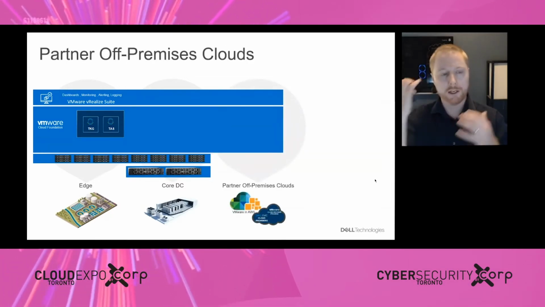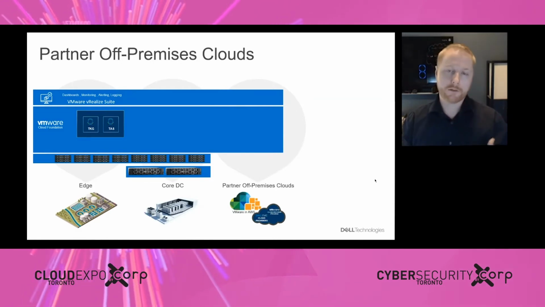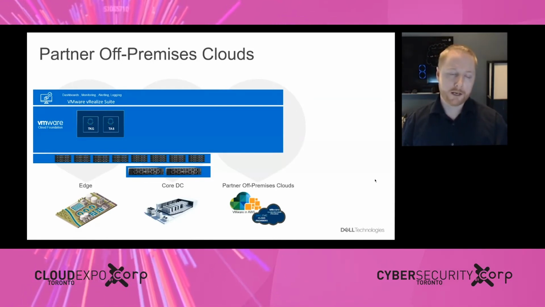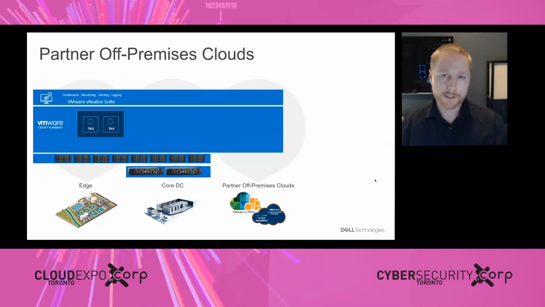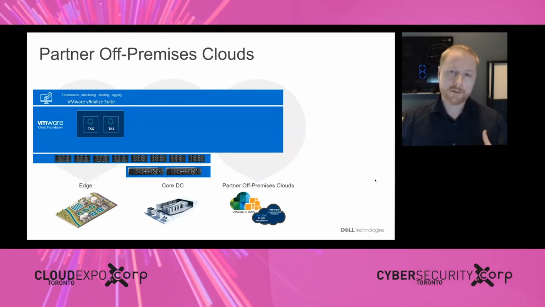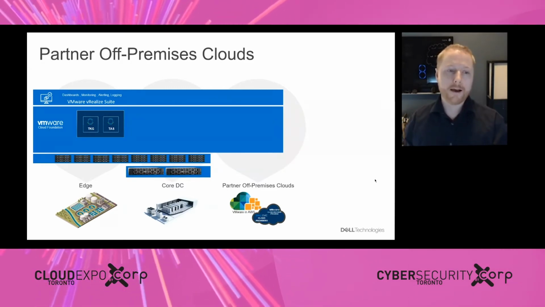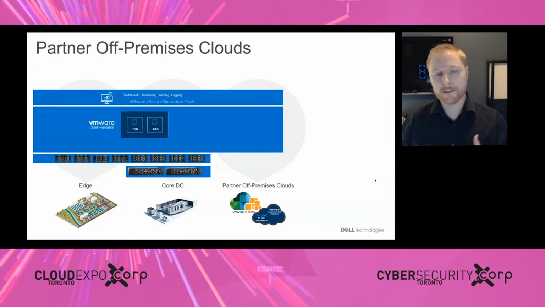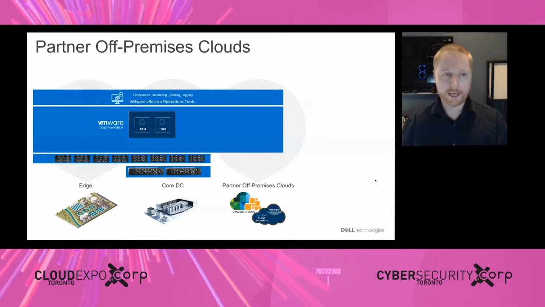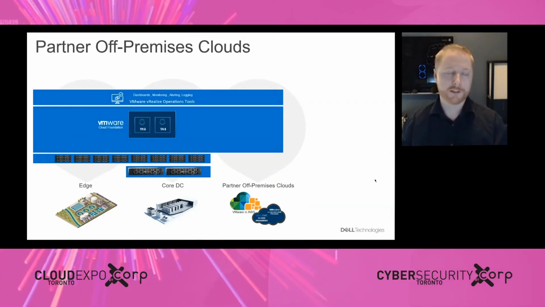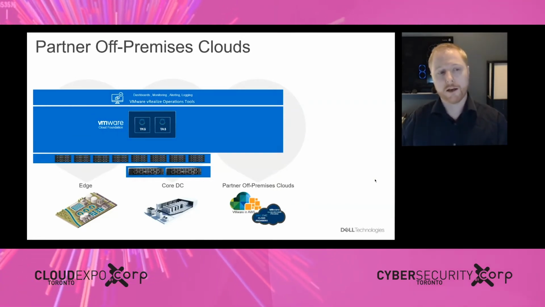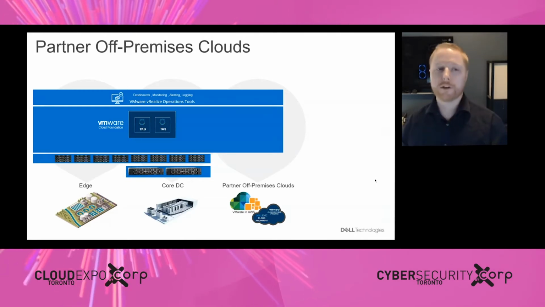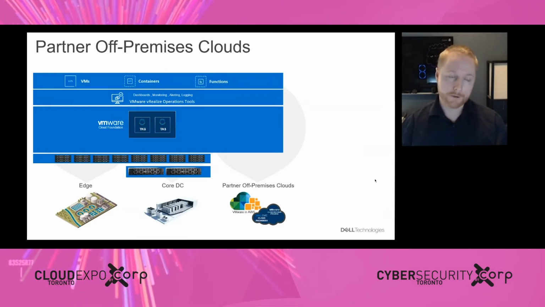And I think what's really unique here is the ability, through all the partnerships we have, and you'll see an example of part of this in a minute through the demonstration, to actually run that VMware platform out on the AWSs, the Azures, the GCPs of the world in a consistent way. So I can take my existing platform, my existing tools, my existing procedures and operations, and seamlessly run out into the public cloud.